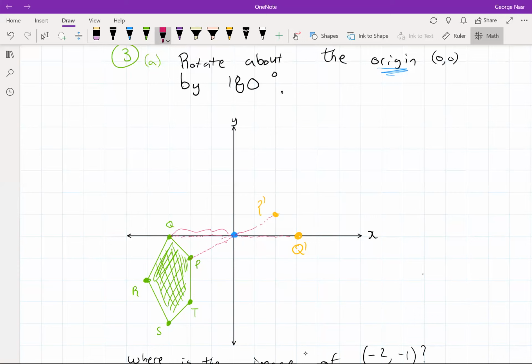R looks like this. So what does R do? It goes over 1, 2, 3, 4, and 1, 2. If you're not sure what I'm doing there, I figured out the coordinates for R, because the slope of this line, or how steep it is, it goes right 4 and it goes down 2.